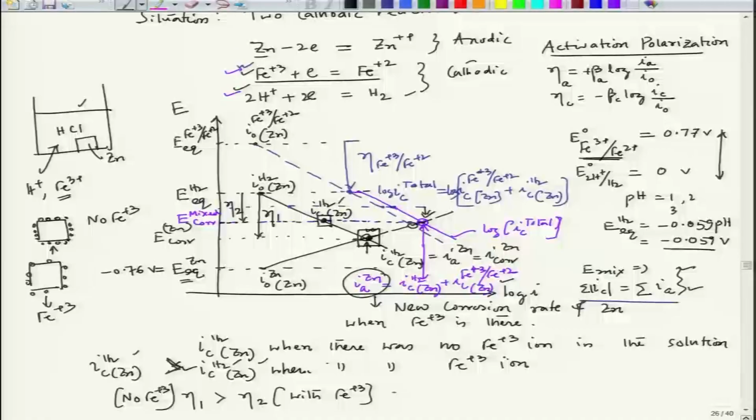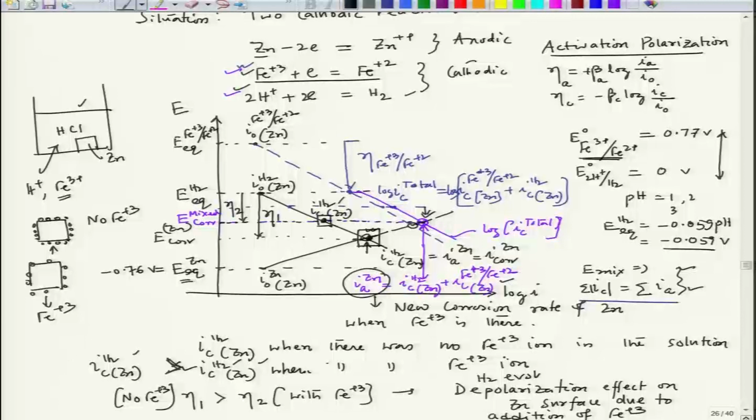So, we can fairly say this is a kind of depolarization effect on zinc surface due to addition of Fe+3. And depolarization of what? Hydrogen evolution.